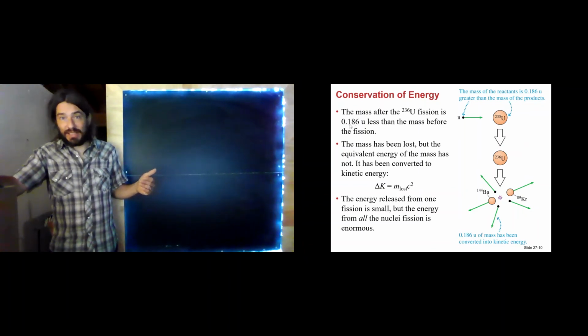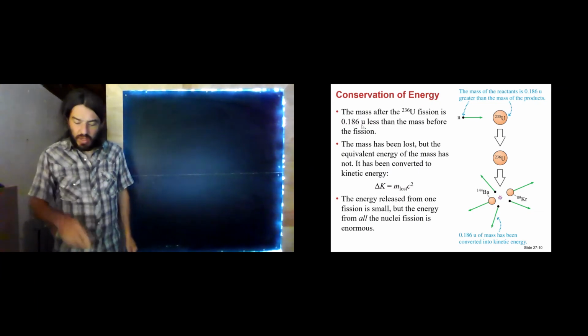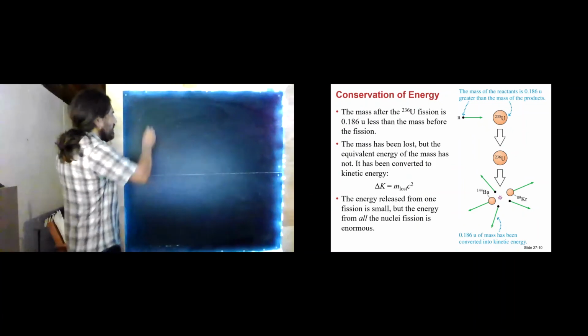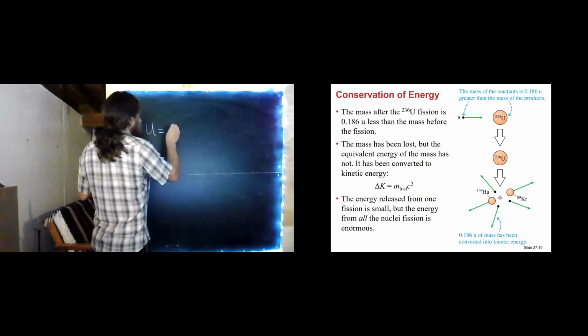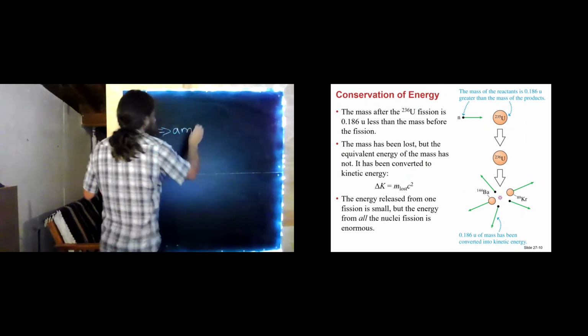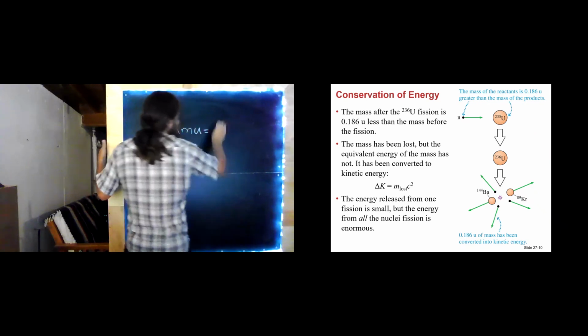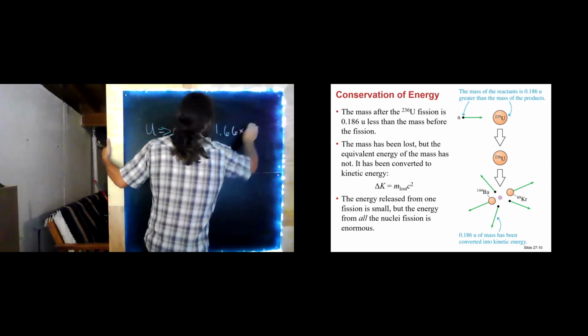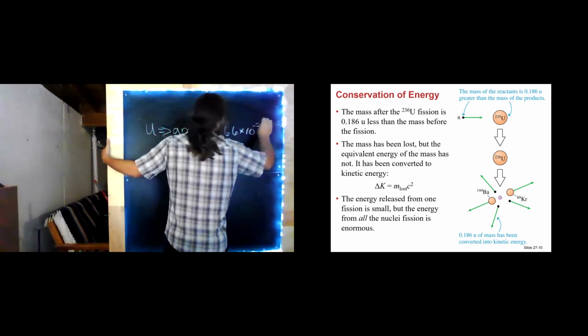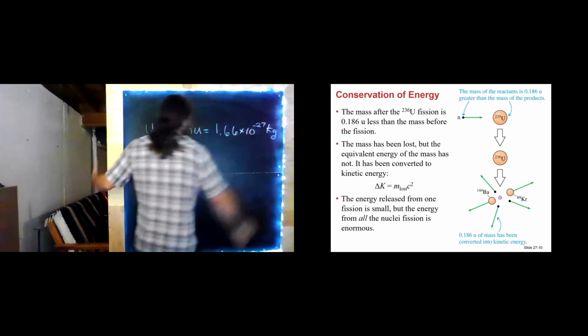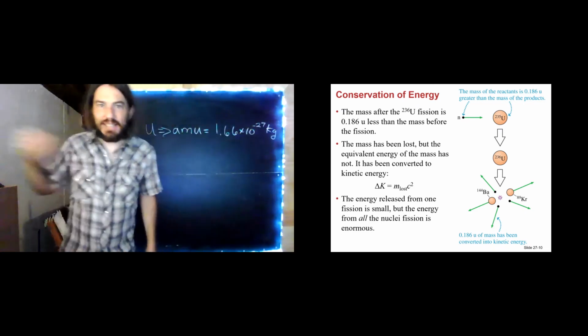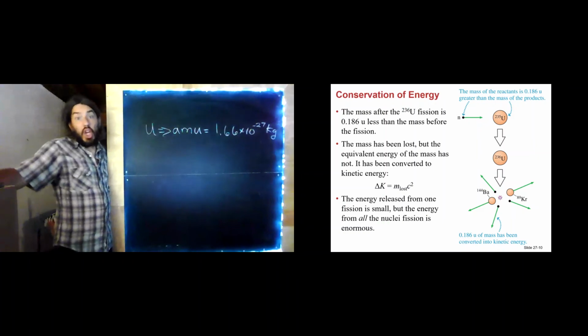How much mass is lost? Well, 0.186 U. Recall that U is an atomic mass unit. So U stands for AMU. And 1 AMU is 1.66 times 10 to the negative 27th kilogram. It's basically, but not exactly, the mass of a neutron.